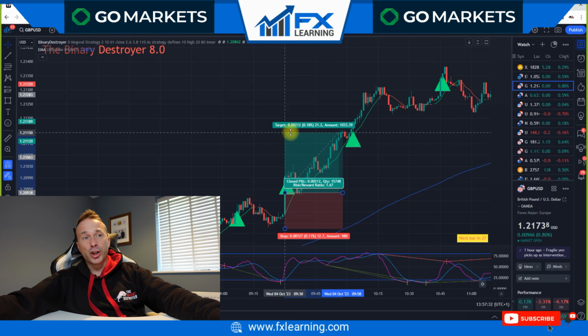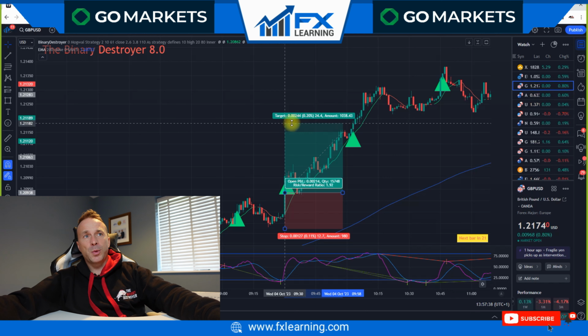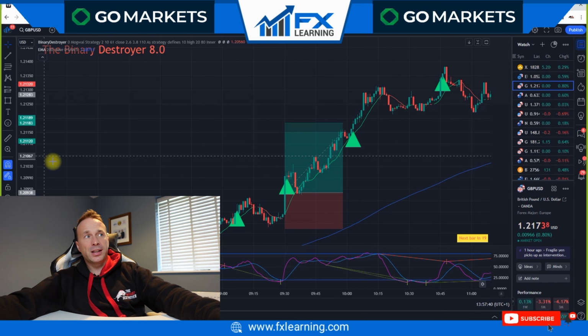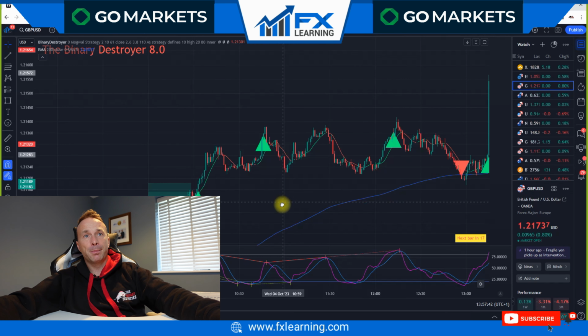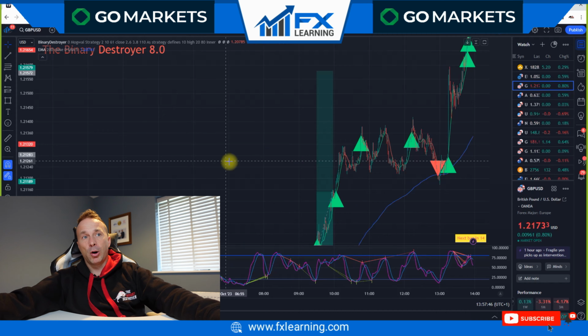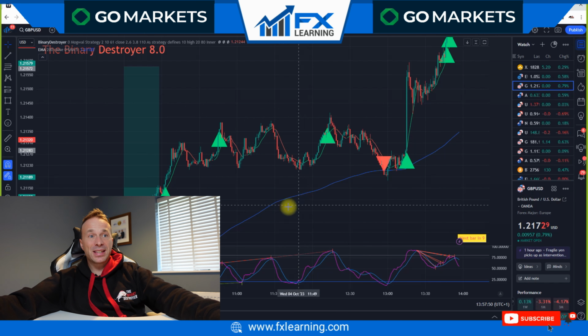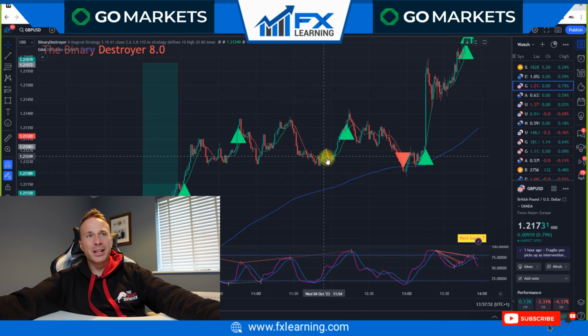I mean, a 1-to-2, if you got a 12 pip stop loss, a 24 pip take profit, that is a 1-to-2. Okay, but looking at this example here, look, that is literally a 1-to-10.